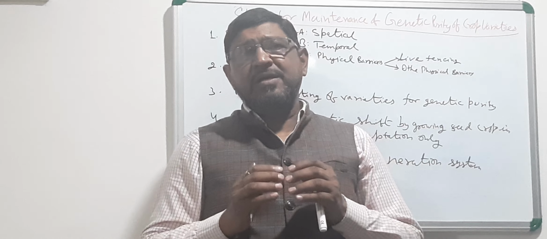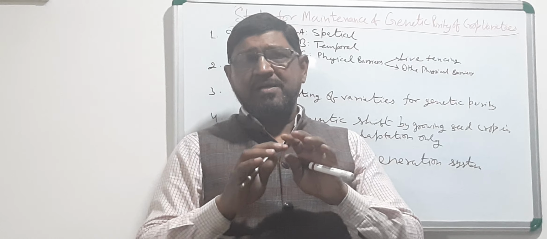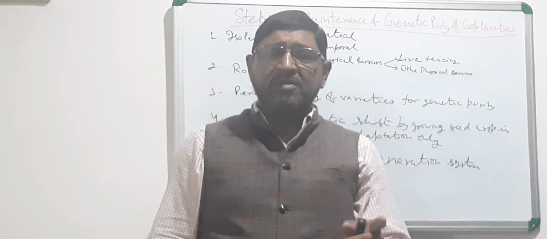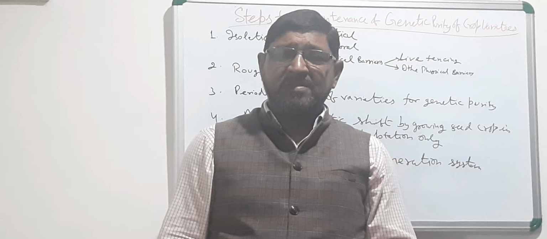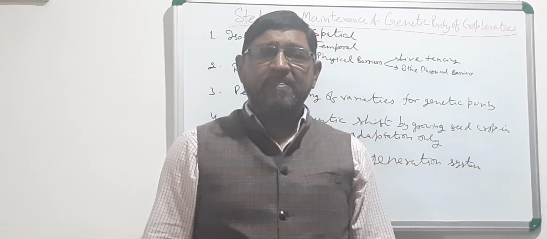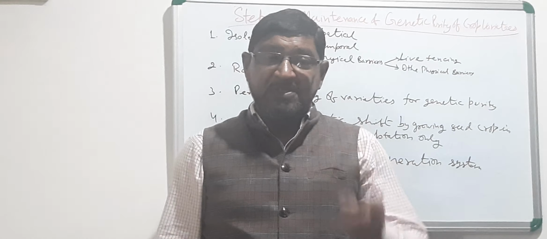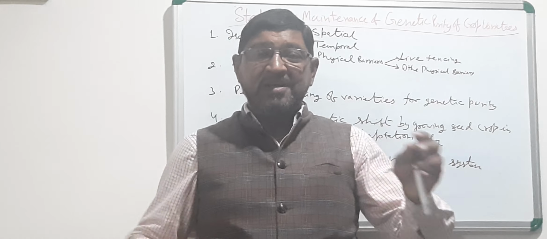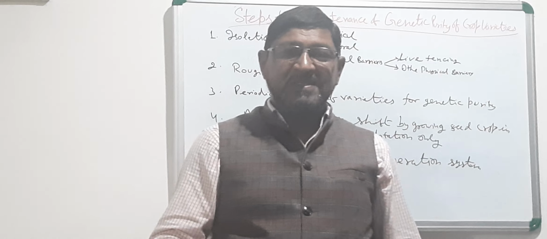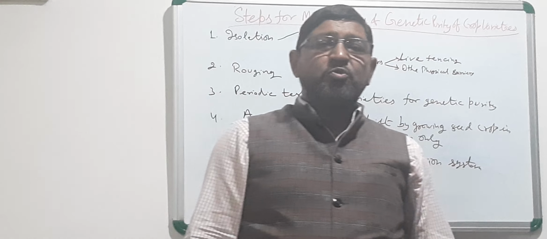So the distance depends particularly on the type of crop, whether it is self-pollinated, often cross-pollinated or cross-pollinated. It also changes with the seed class: nucleus seed, breeder seed, foundation seed, certified seed. The higher the class, the more the distance.